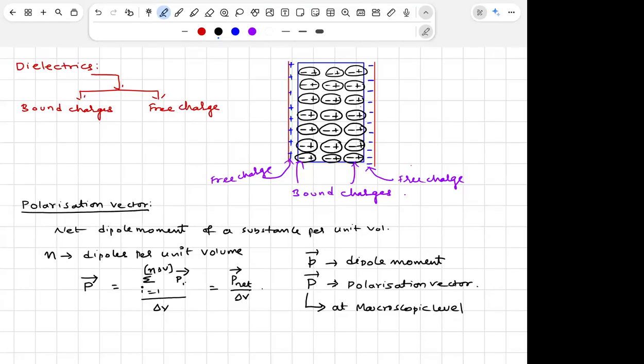At the microscopic level, you are speaking about a molecule. At the macroscopic level, you are speaking about a collection of things. I have done the summation. That's the introduction. Now you know what bound charges are.